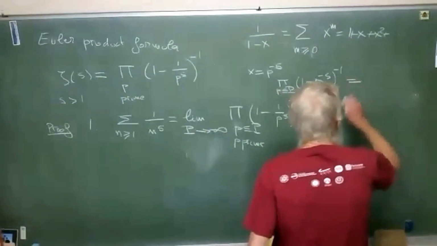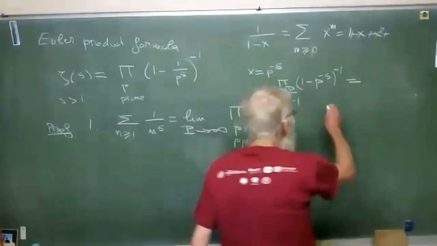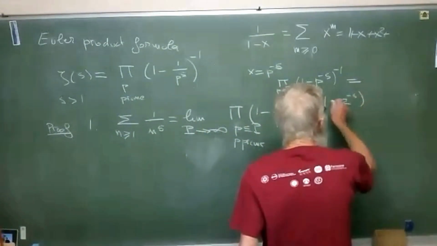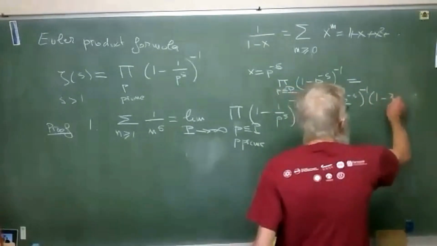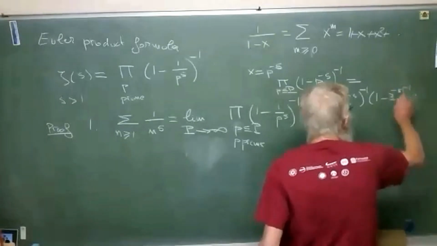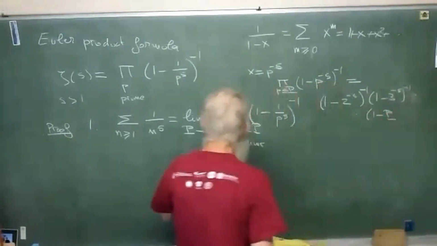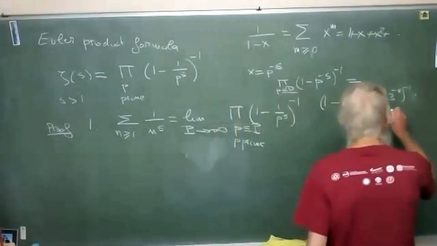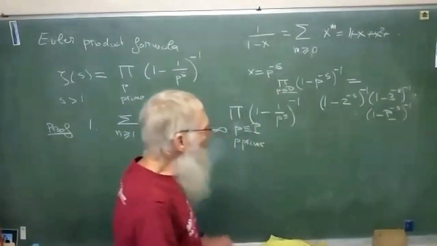What is it? It is a product, so we start with p equal to 2. It is (1 minus 2 to the minus s) to the minus 1, (1 minus 3 to the minus s) to the minus 1, and let us say that p is a prime number, the last element is (1 minus p to the minus s) to the minus 1. So it's just this finite product.